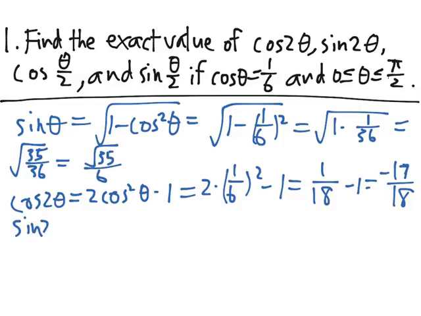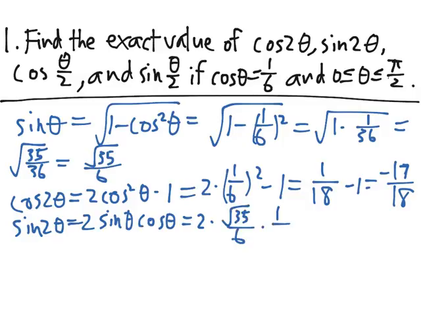Next, we have sine of 2 theta equals 2 sine theta times cosine theta. This is equal to 2 times square root of 35 over 6 times 1 over 6, which is equal to square root of 35 over 18.